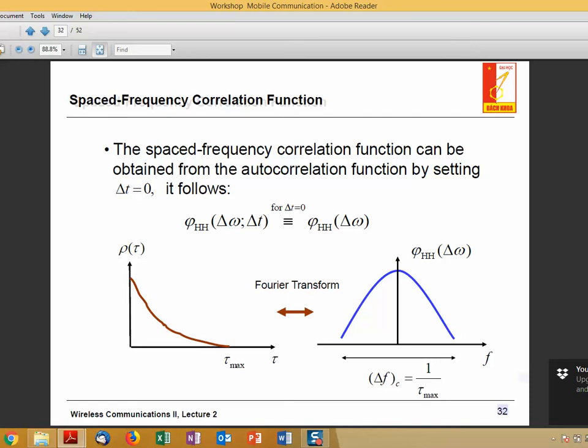You can use it to increase the channel capacity, you can use it to detect the correlation, and you can use it to know if the channel is fast, or if the channel is a time-invariant channel or a time-variant channel.